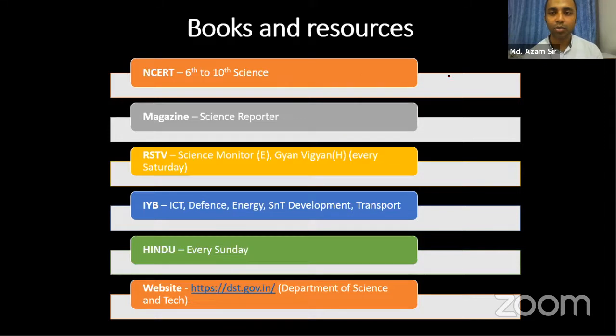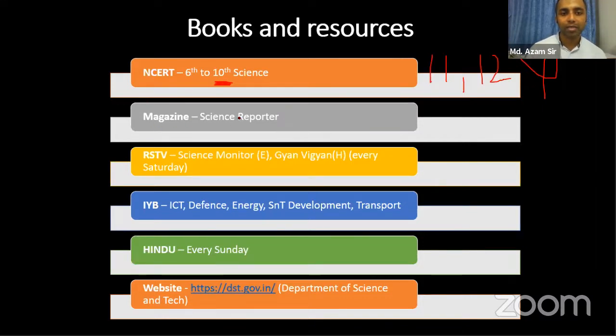I will not suggest you read 11th and 12th, because from 11th and 12th onwards there is specialization in different fields of academics: arts, science, and commerce. 11th and 12th science would be understood by the science student, but might become difficult for arts and commerce students. And even UPSC will ask questions only up to the difficulty of 10th standard, since till 10th standard we all have studied science.